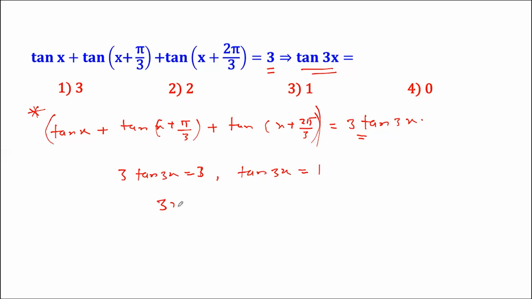So 3x is equal to pi by 4. If we only have to find tan 3x, right? If the angle we have to find, x is nothing but pi by 12. So we can find the values one by one. By tan a plus tan b, you'll get the direct formula for this tan 3 theta.